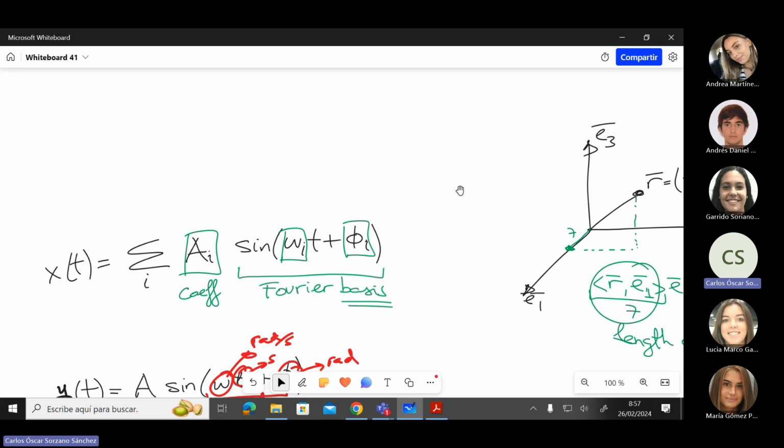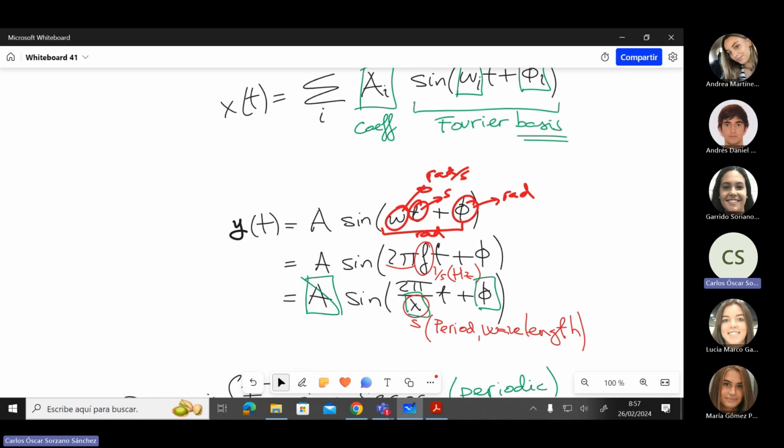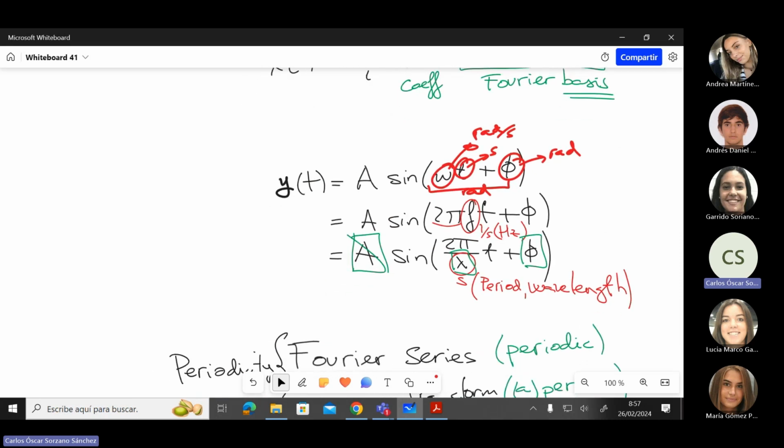So let's go back to this one. That was a pure sine. This applies to any wave, okay? For the sine too, but in general for any wave. So for any wave, what you have is that if I take t and I add my period, I have the same value as at t. Okay, so you take a time point t, you evaluate y at that time point, and then you evaluate y at t plus lambda, and you get the same one for any t.